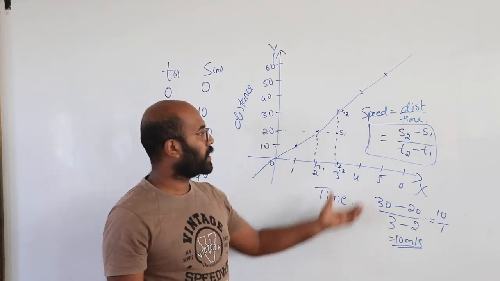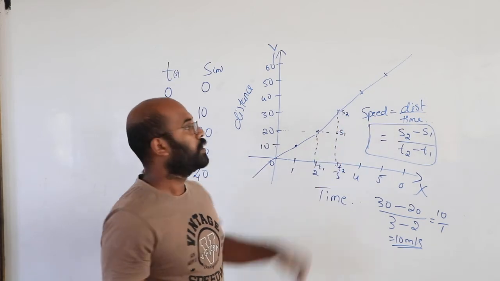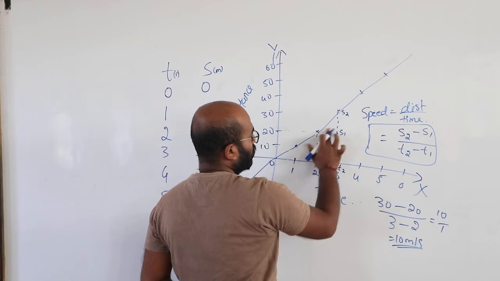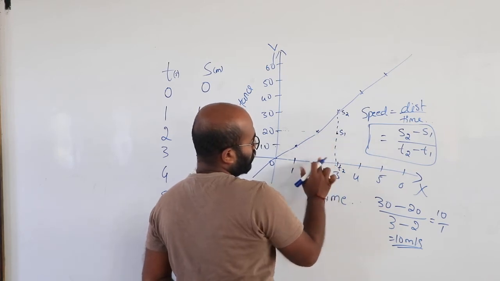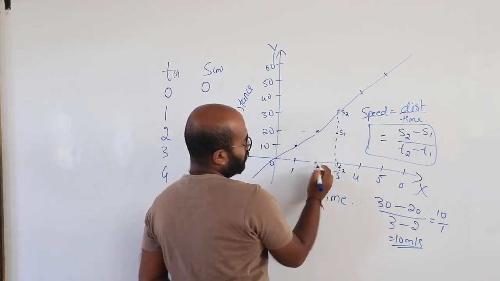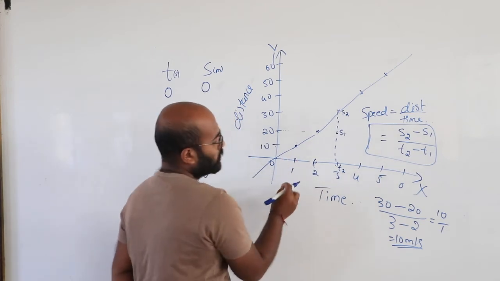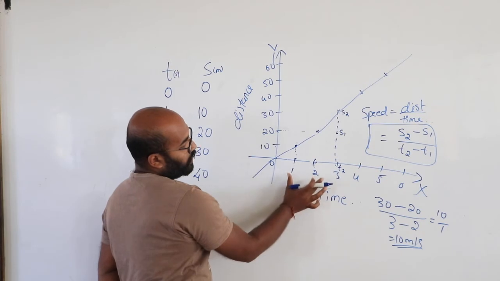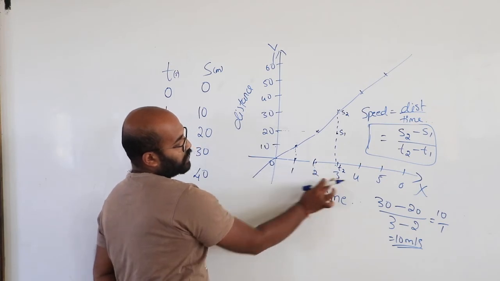Similarly, you can calculate for any particular time. Say instead, I will take this as T1. What is the speed of an object from 1 second to 3 seconds?